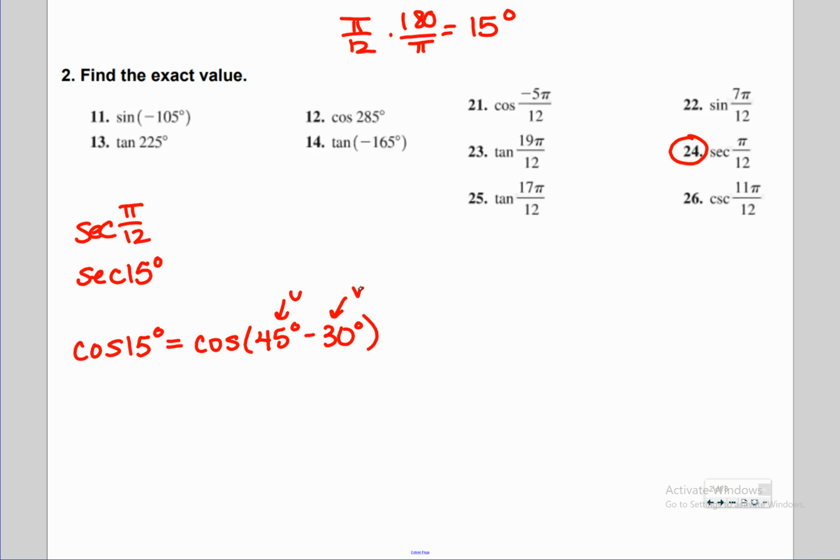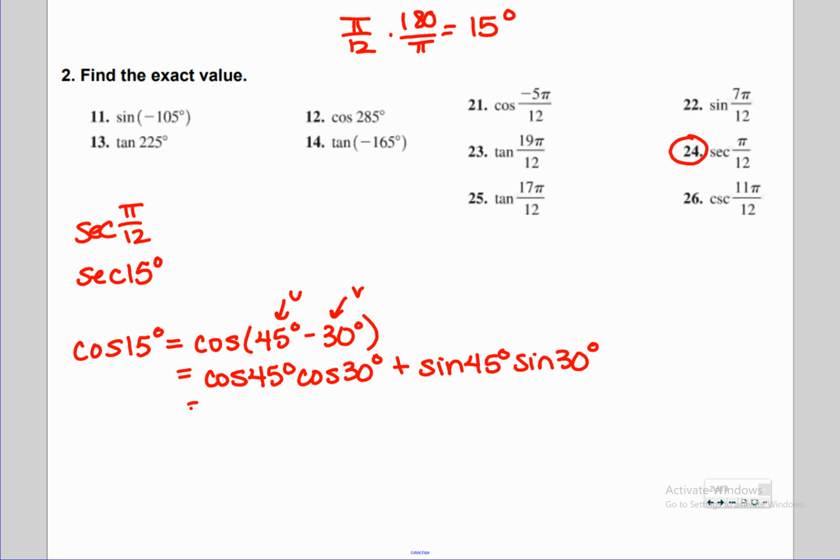You're going to look for cosine U minus V. So that is cosine U cosine V plus sine U sine V. Okay, filling in my U and my V, and then evaluate all four of those with your unit circle.